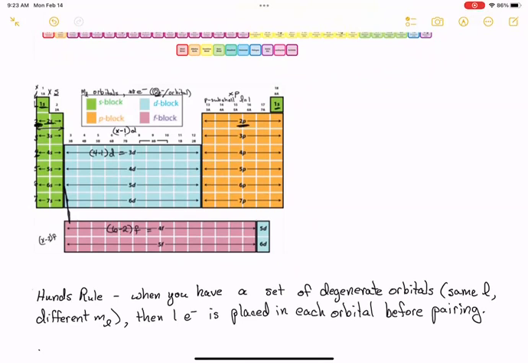Basically, you have a set of degenerate orbitals anytime you have more than one m sub L value.